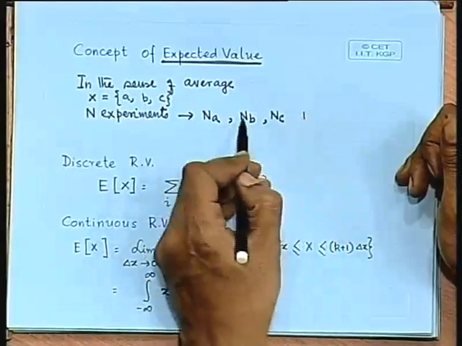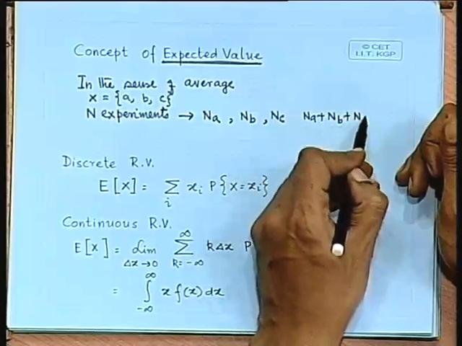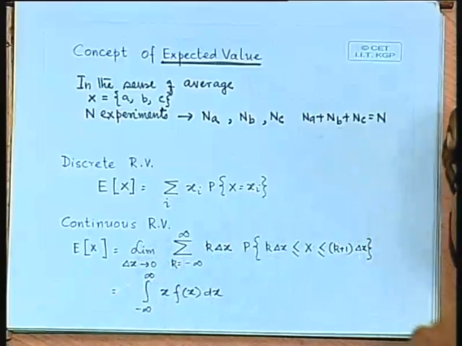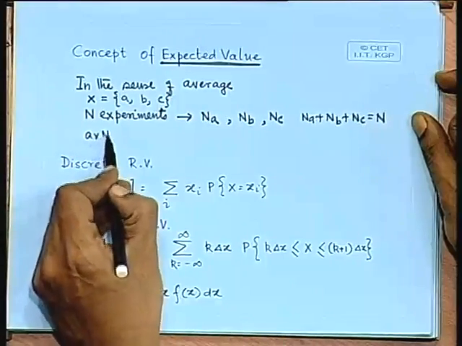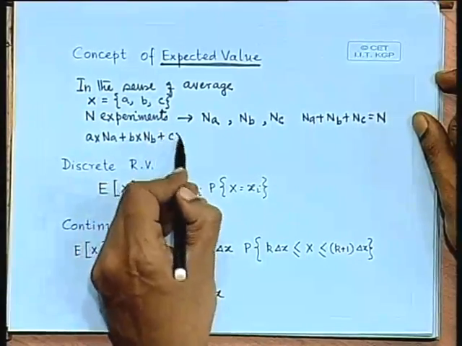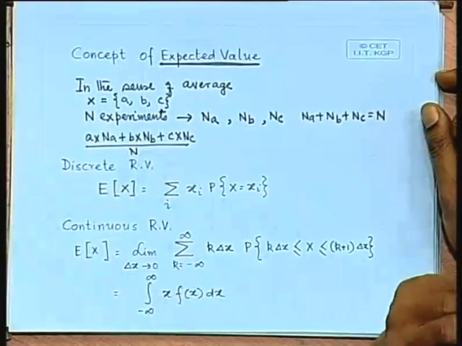Obviously n_a plus n_b plus n_c is equal to n. Now, what do we mean by an expected value of x? What we mean is that if we just added up these values as we picked them over these n experiments and then made an average, what would be the value? Obviously, the value would be a into n_a plus b into n_b plus c into n_c, by n. This is our expected value.